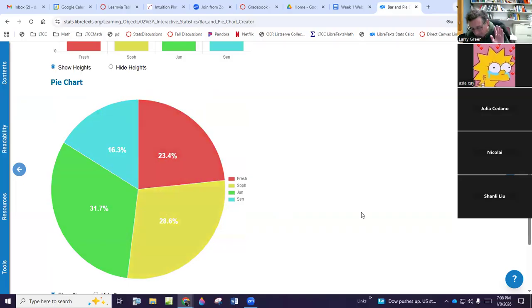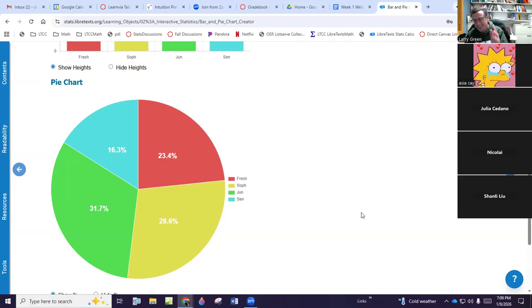Now, all the rest of the calculator I had already coded. It's a lot of work to code all this stuff, by the way. But I tried something new, something I had never done before. I asked ChatGPT, can you write a JavaScript code to make a bar chart and a pie chart?